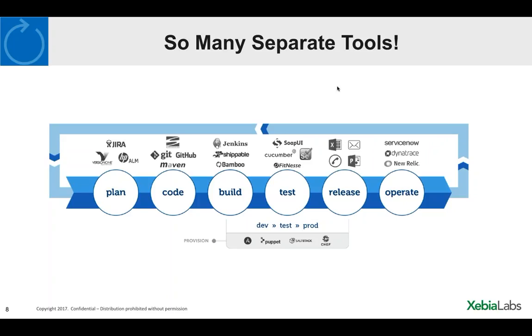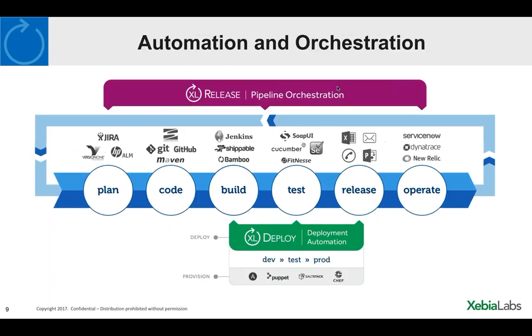Today, it's not uncommon for software organizations to have dozens of different technologies that all link together to make that process. But there's frequently not a good way to kind of manage those all and have that visibility across the entire process.